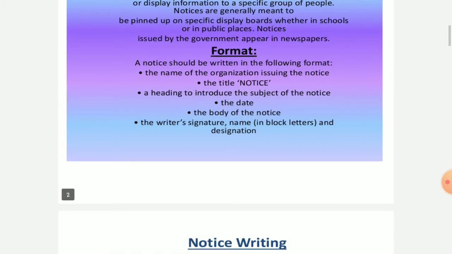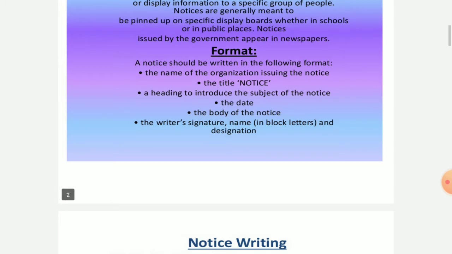The body of the notice, very important, has to be given. The writer's signature, name in block letters, and designation have to be mentioned properly, because that is very important. Without that, a notice has no affiliation as such.